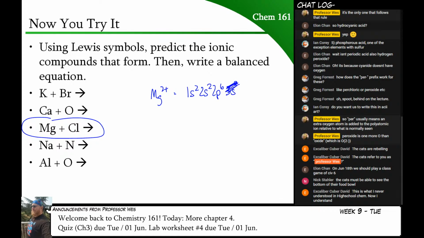If I remove these 2 electrons, now this is my valence, and I have 8. So if you ever have 0 electrons, then you technically have an octet, or 8.